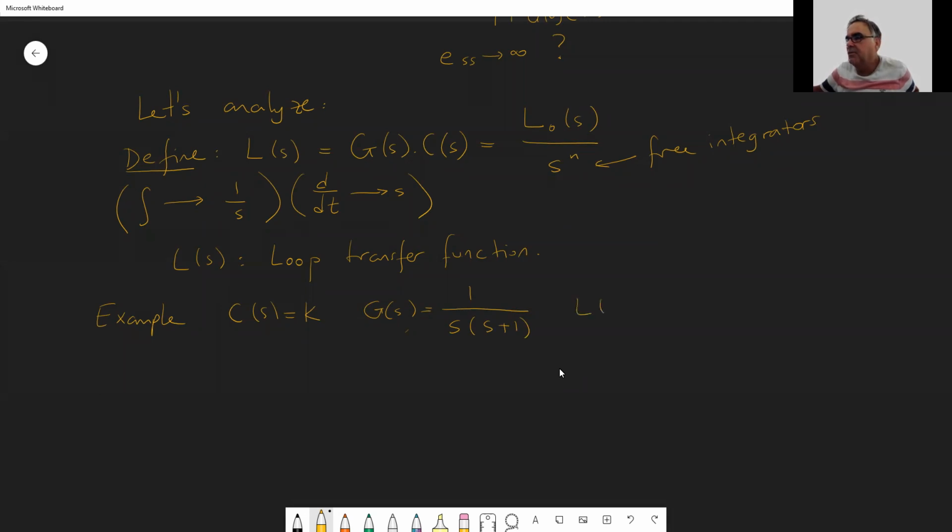So L of S is K over S times S plus 1. Or we can write this as L of S equals 1 over S times K over S plus 1. So this term, K over S plus 1, is L0 of S, actually.